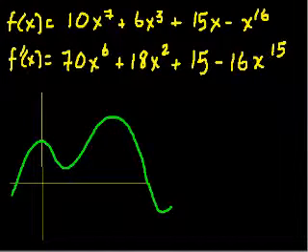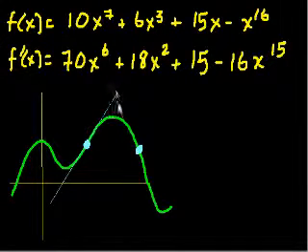So if I wanted to know the slope at, say, this point right here, I could use the derivative function to figure out the slope of the tangent line, which would be something like that right there. Or if I wanted the slope at this point, once again I would use the derivative function, and it would tell me the slope of the tangent line at that point, which would be something like that.